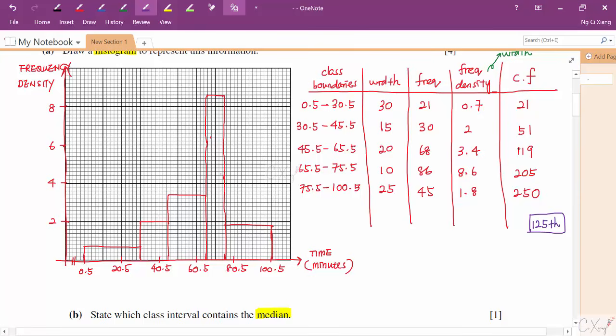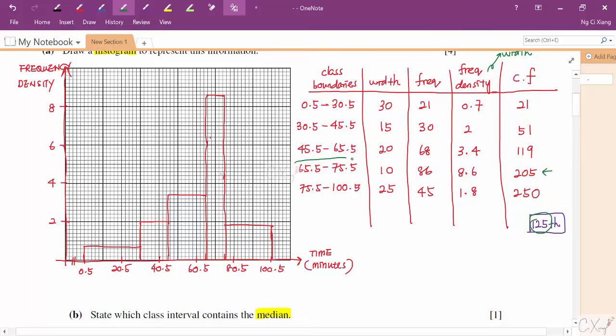You can observe it from the cumulative frequency. The first class accumulates until 21. The second class from 21 until 51. The third from 51 until 119. And the fourth class is from 119 until 205. You can see that the value 125 is actually in this class, where the cumulative frequency goes from 119 until 205.